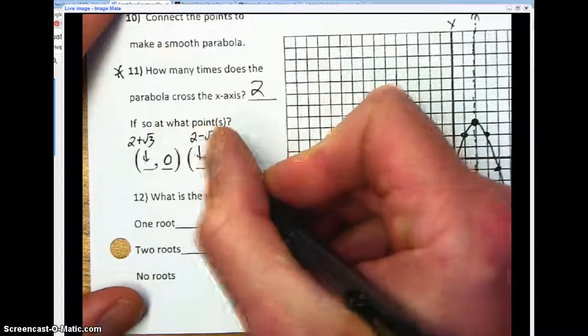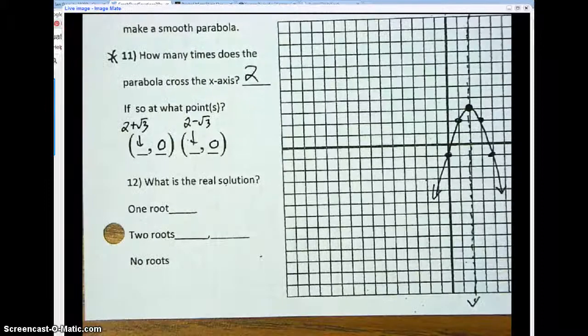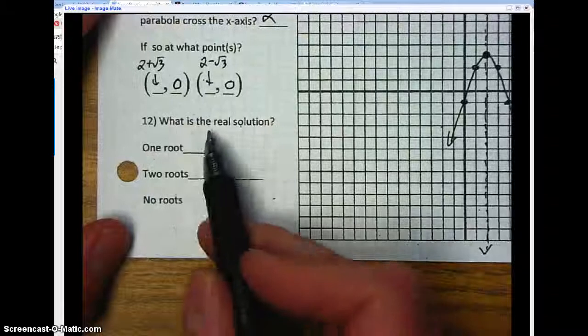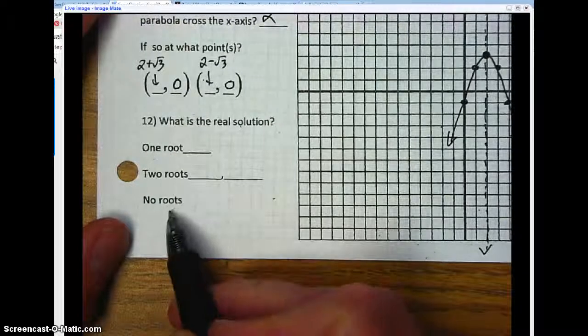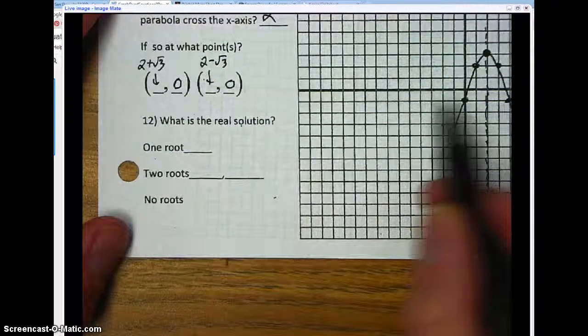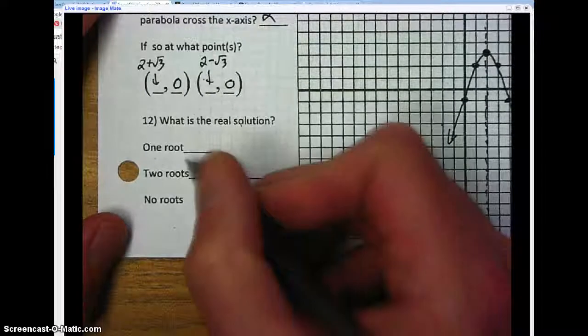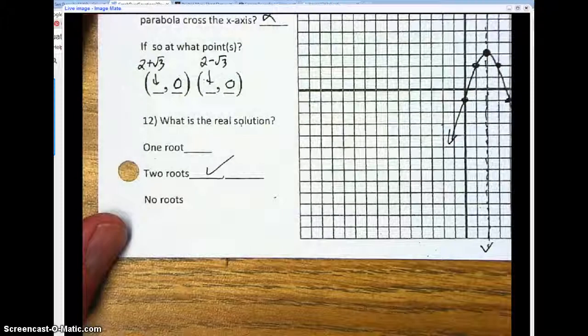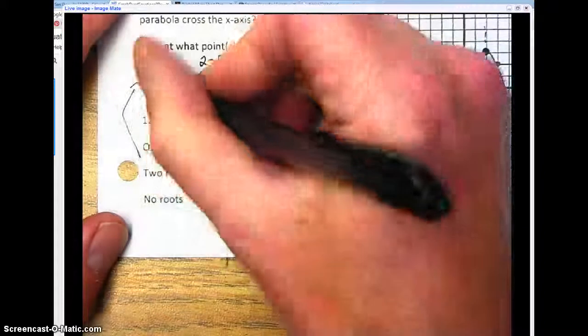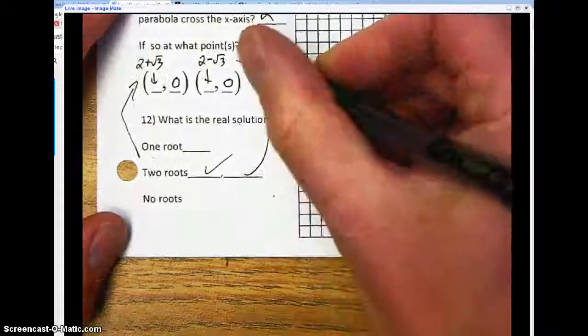Those are the values right there. These things are called solutions. Does this thing have 1 root, 2 roots, 3 roots, or no roots? Does it cross the x-axis 1 time, 2 times, or 3 times? 2 times, right? 2 roots. And those are the 2 roots right there.